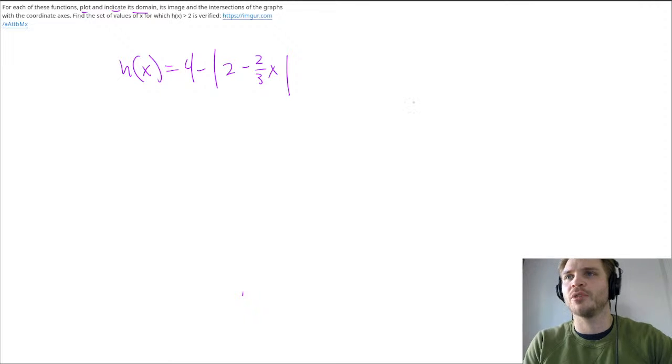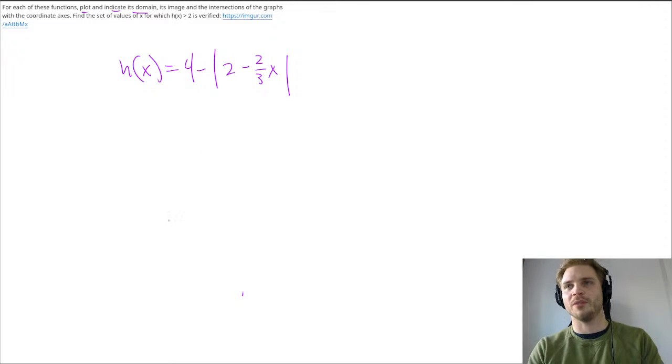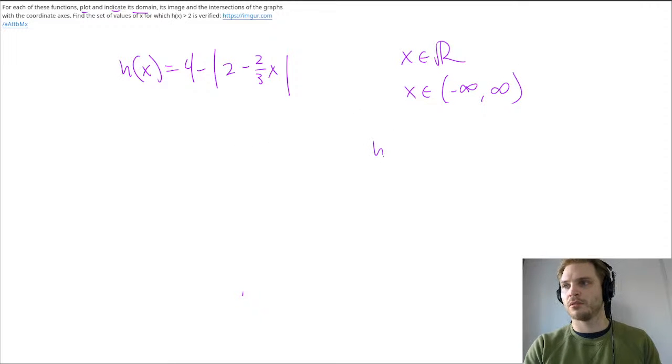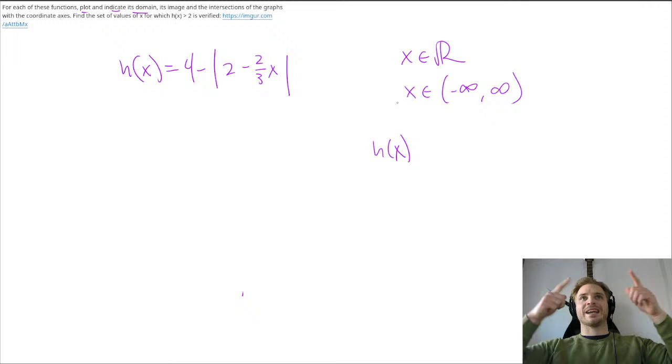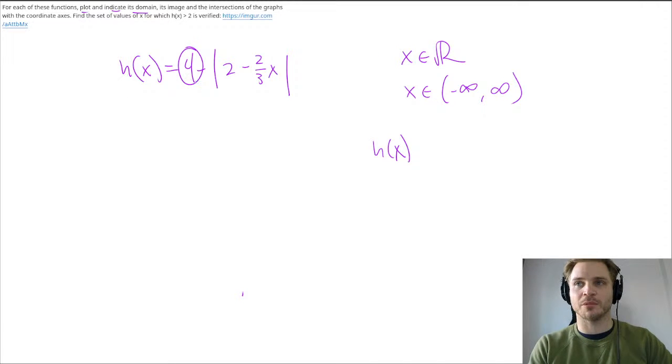Okay, so the image is what the domain gets mapped onto, the range, I'm assuming is what they mean here. So for the range of h of x, we have to think of what our highest number was. The highest number is 4. The lowest the absolute value can be is 0, and then you subtract whatever that is.